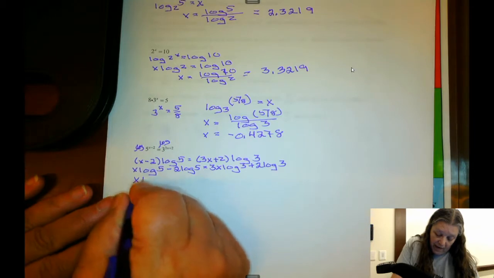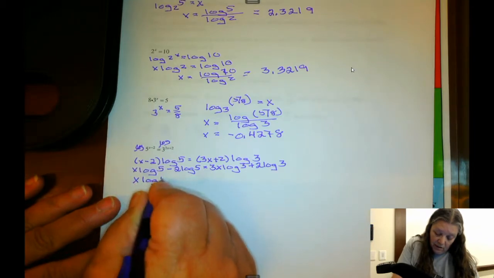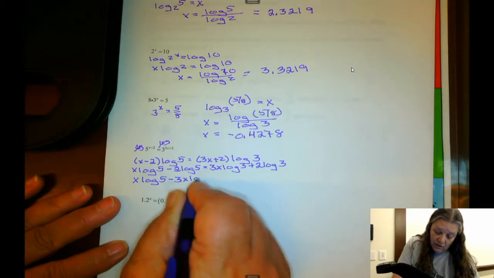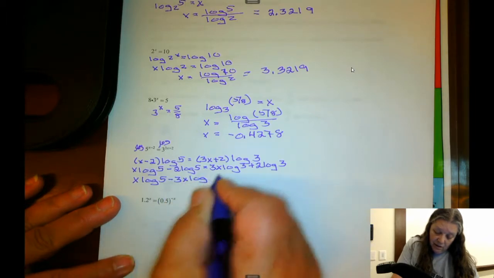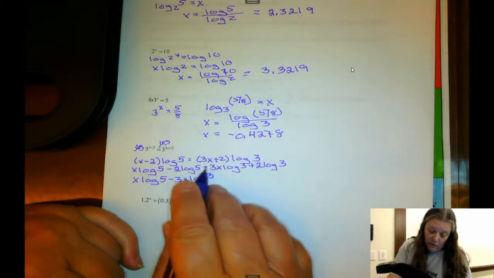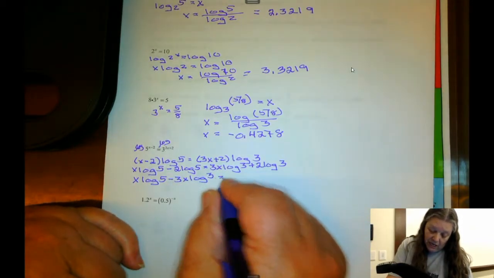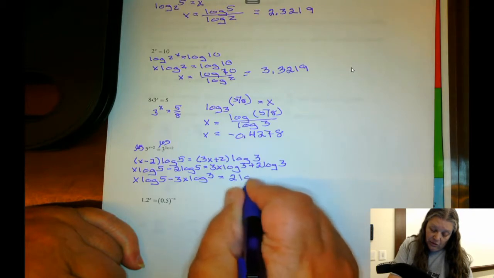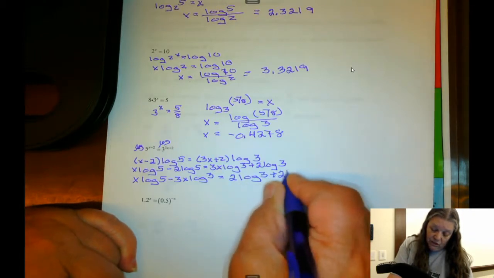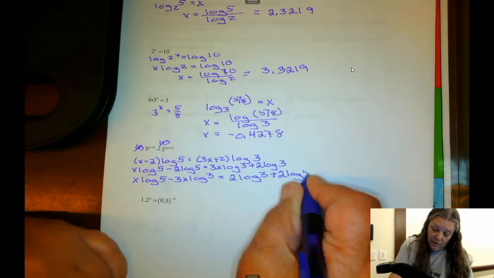So we have x log 5 minus 3x log 3. And we need to move the other terms to the other side. So this equals 2 log 3 plus 2 log 5.